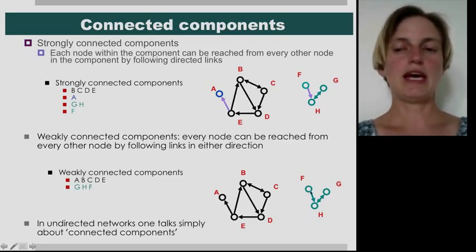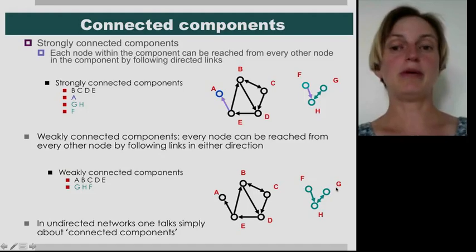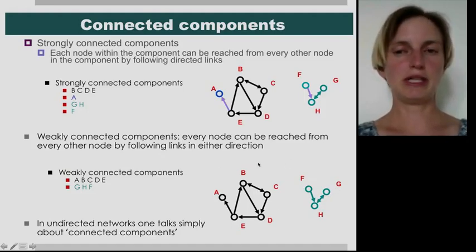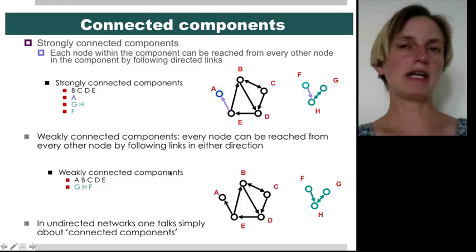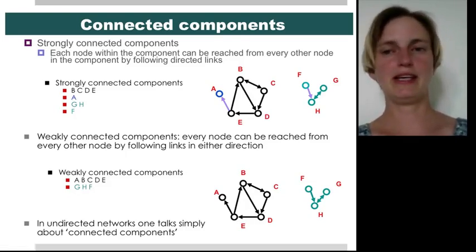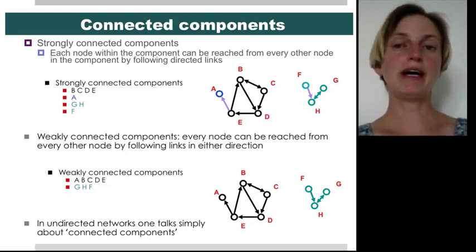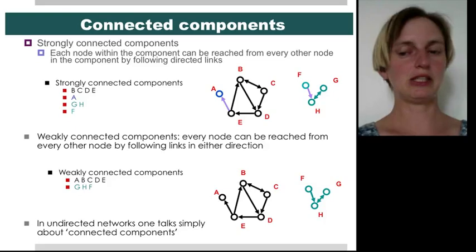And similarly, F, H, and G are in a weakly connected component, right? So this is a weakly connected component, and this is a weakly connected component. And if you're dealing with an undirected network, you can simply say connected component. You don't always have to say weakly connected component. But if it's directed, you want to make the distinction.